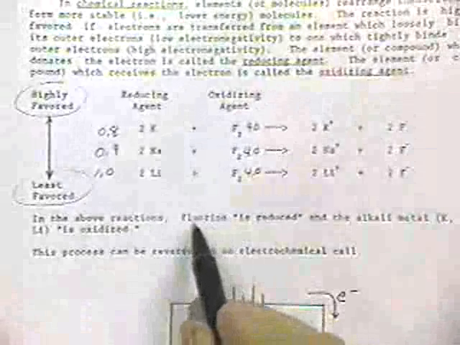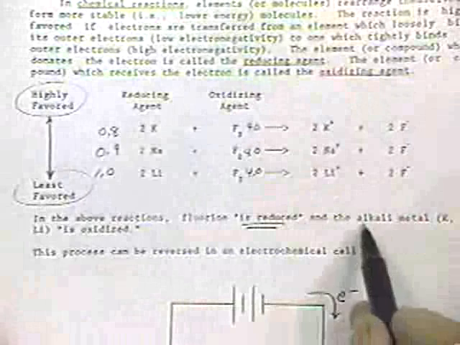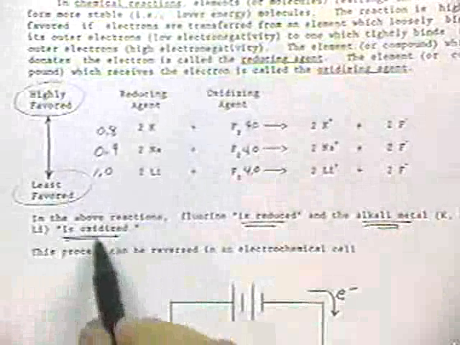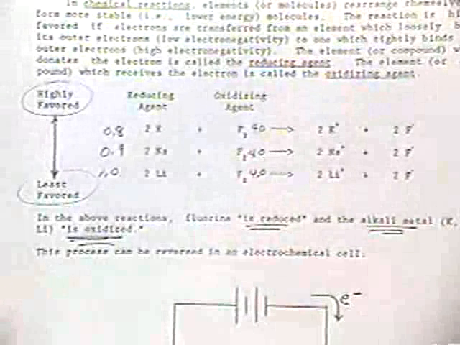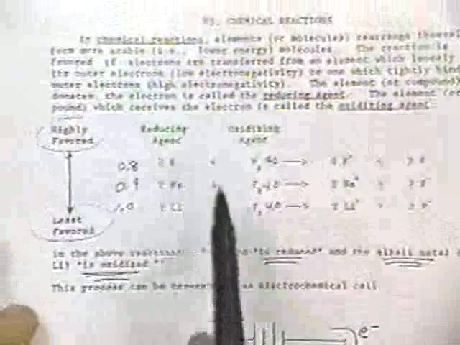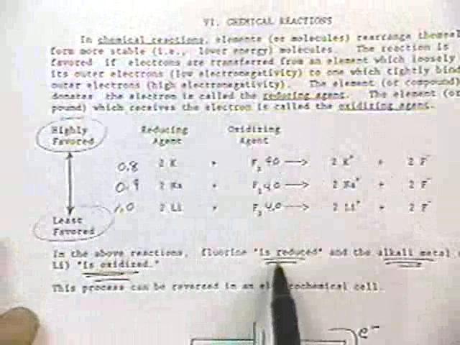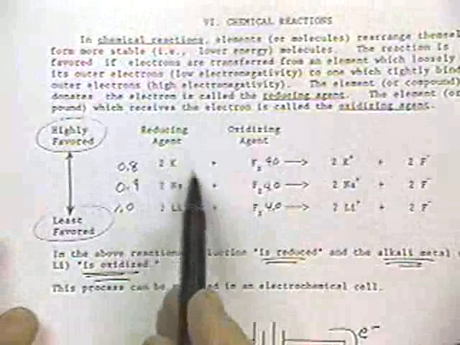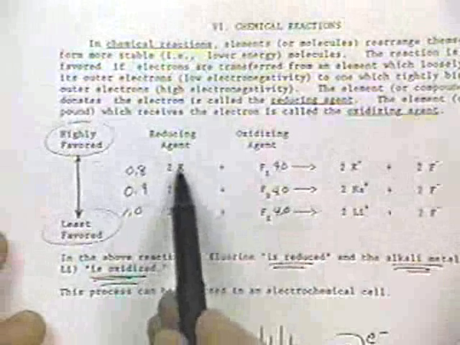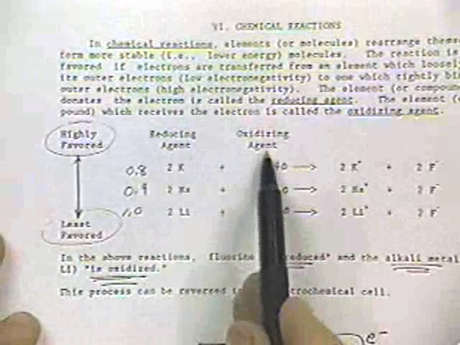Now, to add confusion, we would say that fluorine is reduced and the alkali metal is oxidized. Now, this is what's crazy about it. Take a look at this. We're saying here fluorine is reduced and potassium is oxidized, but we say potassium is the reducing agent and fluorine is the oxidizing agent.